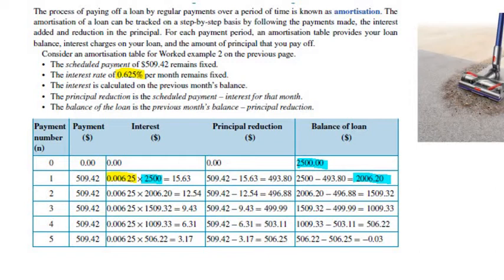If you go back to the previous video that I have included, you can find that the balance of loan we got each time is the same. But we actually solved that with a slightly different method. When I was solving this question in the previous video, I added the interest on top of the loan, and then subtracted the 509.